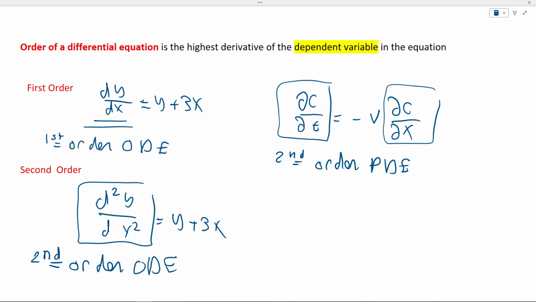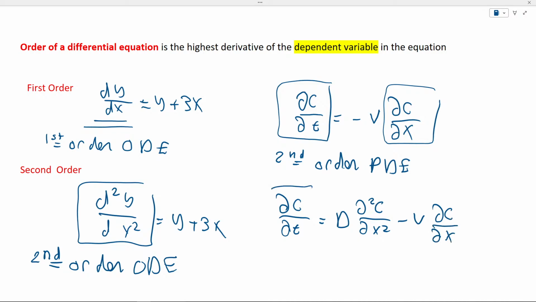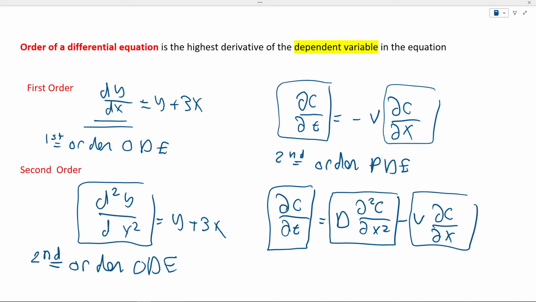Let's see another example. This one: partial c over partial t is equal to D, the dispersion coefficient, times the second partial of c over partial x squared, minus v partial c over partial x. What this equation is telling me is that how my concentration is changing in time is equal to how my concentration is spreading and how my concentration is moving.